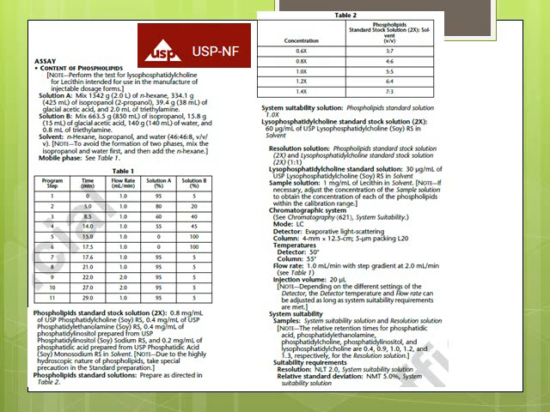I didn't have this column, and it looked kind of pricey to me, so I didn't purchase one. Maybe in future I will, and when I have this type of column and generate some chromatography, I will talk about it. But this is one method that would probably be a starting point for anyone who has L20. It is for raw material testing, and you probably need to see if it's applicable for your application.